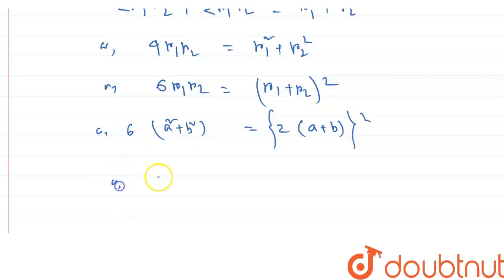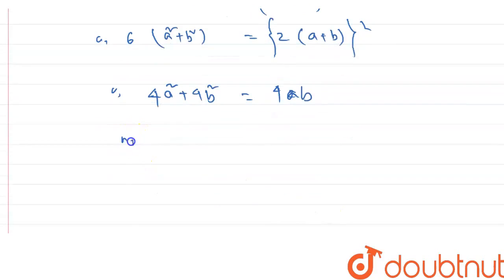If we reduce or evaluate this, then we have 4a square plus 4b square equals 4ab. If we take 4 common, then we easily cancel out 4. So a square plus b square equals ab. So that is the condition.